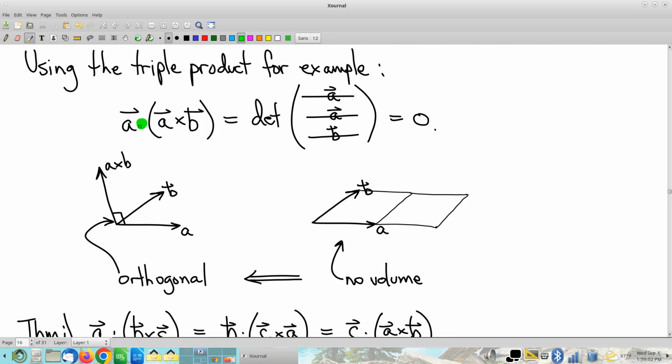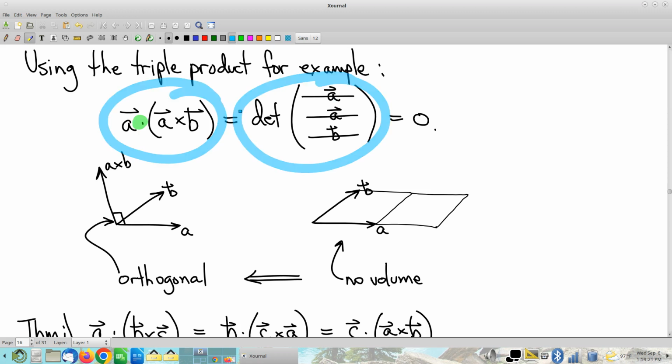For example, how do I know that A is orthogonal to the cross product? How do I know that this dot product is zero? Well, using the theorem we just talked about, the triple product formula, the dot product that we're interested in is a triple product, which therefore is a determinant. And don't forget, determinants tell you volumes. So I've got a little parallelepiped here defined by three vectors, two of which are the same.